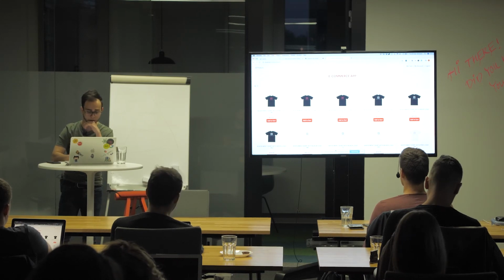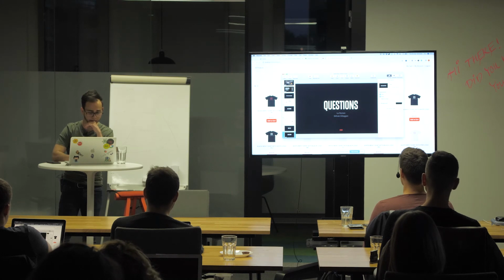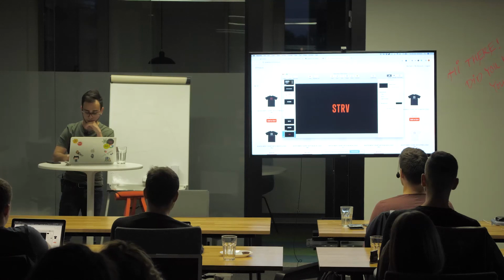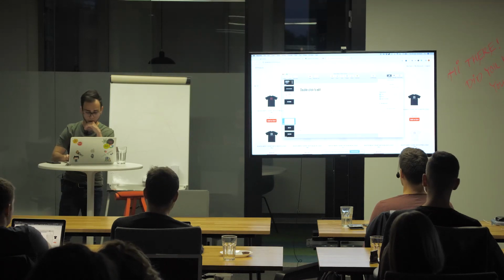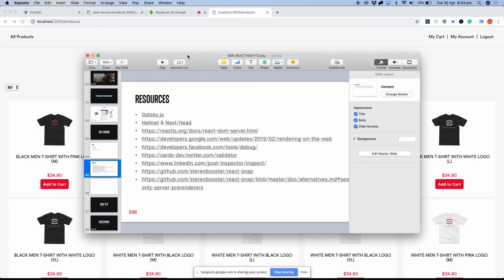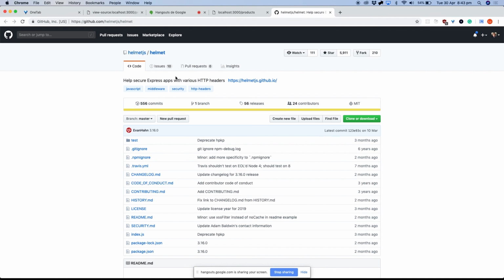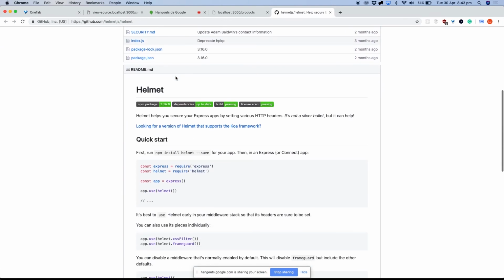So actually here in the resources, you will have to worry about this thing called helmet. It's for Express, but there are similar things for Koa or whatever you want to use.